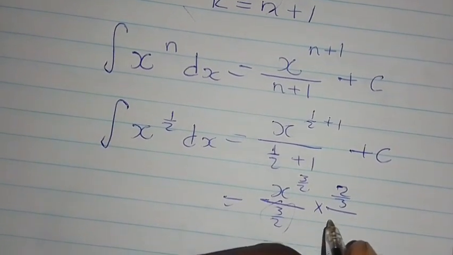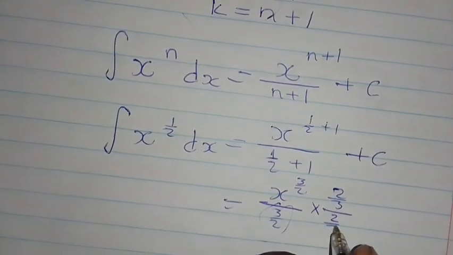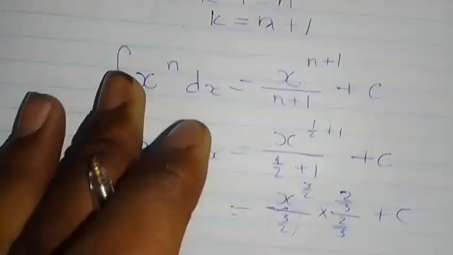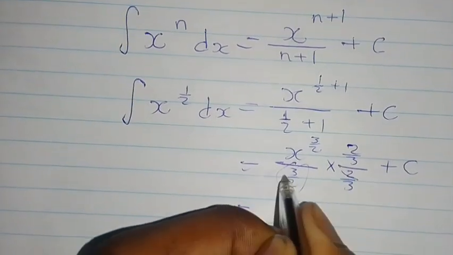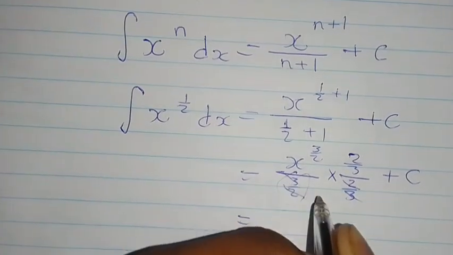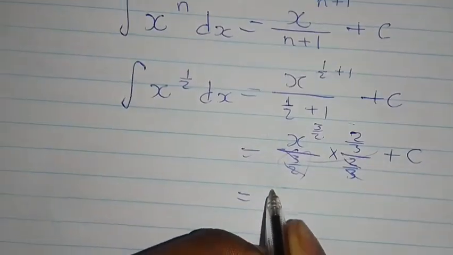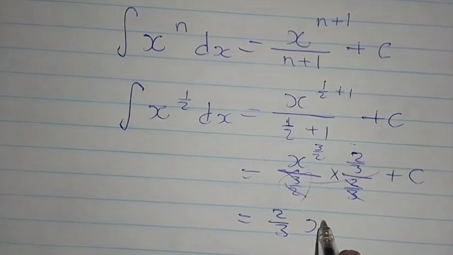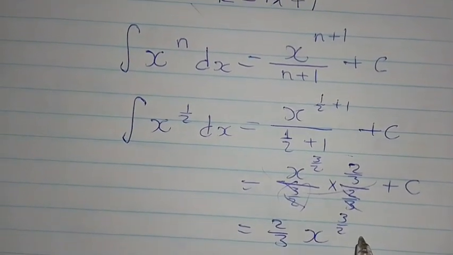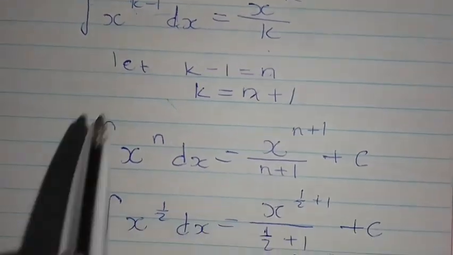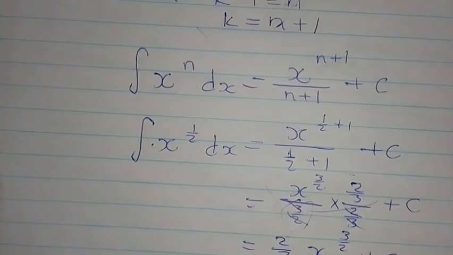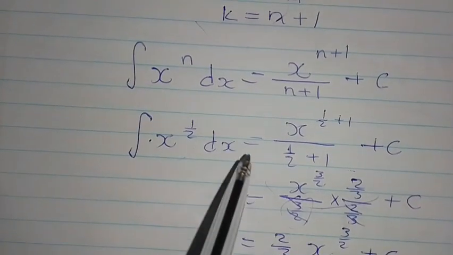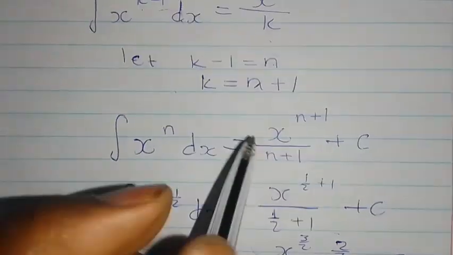Basically, it's just the reciprocal of this, 2 over 3. Don't forget to have that constant there. Then this 2 will cancel this 2, this 3 will cancel this 3. Then you'll be left with 2 over 3 x to the power 3 over 2 plus c. Now, that is the antiderivative of x to the power half.